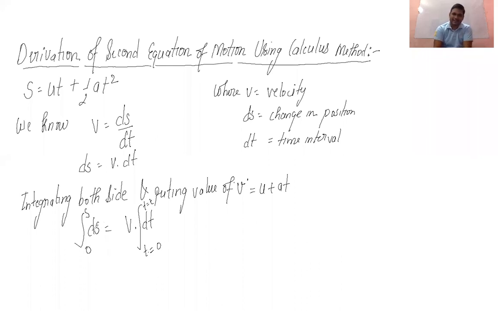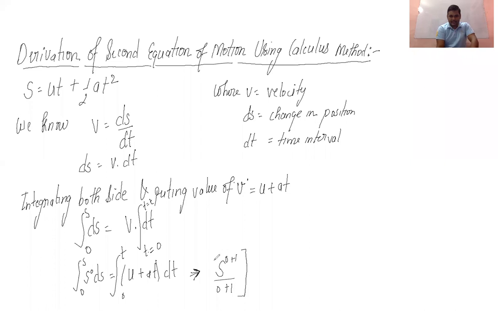So write like this: integration of ds from 0 to s, and v you can write as u plus at, and this is dt. Now you put the integral sign here. Once you integrate, the first term s to the power 0 becomes s to the power 0 plus 1 upon 0 plus 1, with the limit 0 to s.